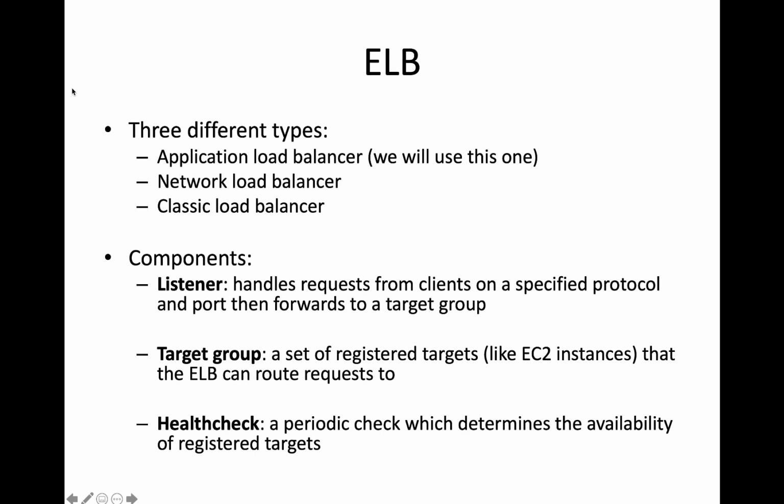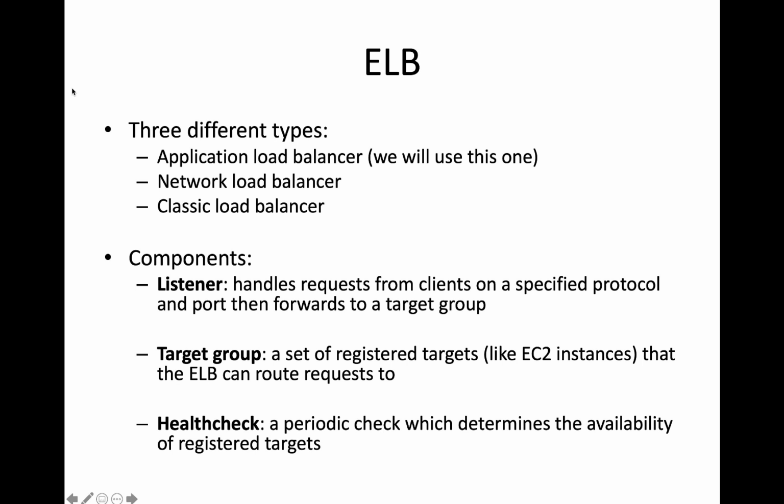And when it receives traffic on that specified protocol and port, it will then forward that traffic to a group of EC2 instances, to a group of servers. That group of servers is what we call the target group. So that target group consists of a group of EC2 instances.